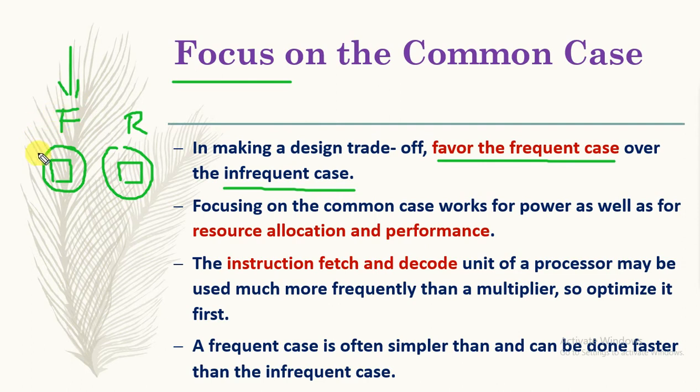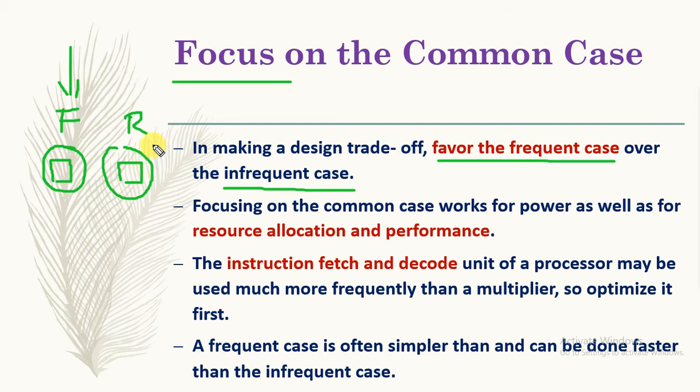If you apply some parallelism on the frequently used item, we can have some betterment added into the execution of whatever process we are doing. Similarly, if we try to apply some enhancement on the rarely used or infrequent case, we won't get that much advantage from adding some feature to that rare or infrequent case.